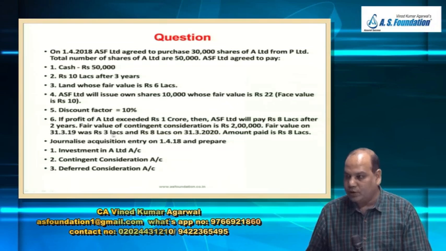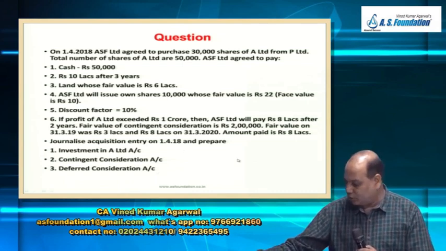So I will increase it by 1 lakh. And 8 lakh. Again I will increase it by 5 lakh. And then this 8 lakh was paid on 31st March 2020. Journalize acquisition entry on 1/4/18 and prepare investment in A Limited account, contingent consideration account, deferred consideration account.